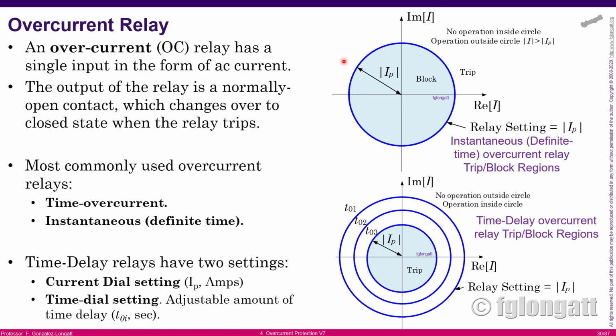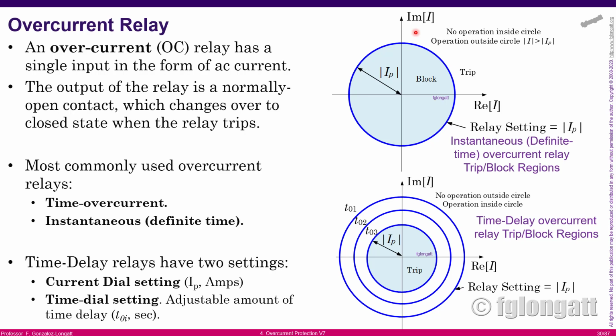You can plot a circle, and that represents what we call the locus or the current diagram of the overcurrent relay. Okay, anything inside means that the sensing current is below the relay setting. There is no trip. That is what we call block. However, if the sensing current is outside the circle, we say, okay, that is a fault, please trip.